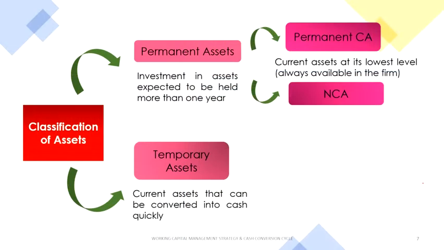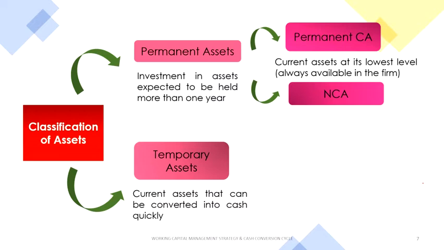So next, let's move to the classification of asset. Okay, so asset can be classified into two types of asset that are permanent asset and temporary assets. So apa itu permanent asset? Permanent asset is an investment in asset expected to be held more than 1 year.